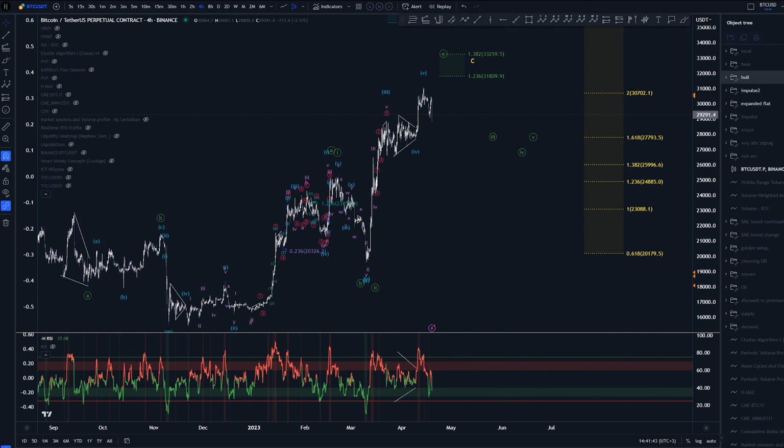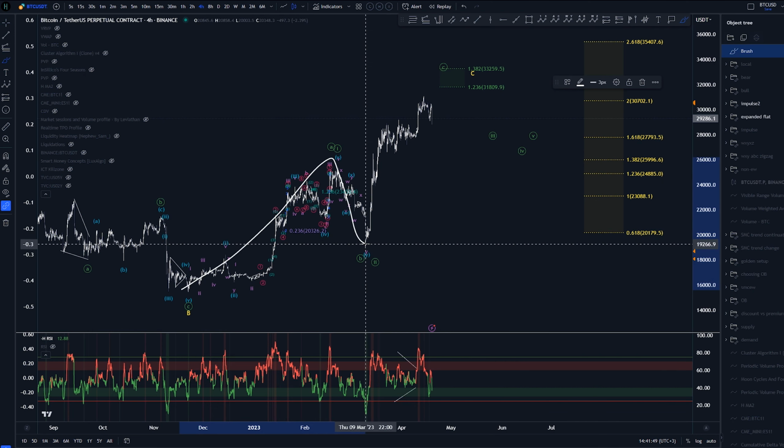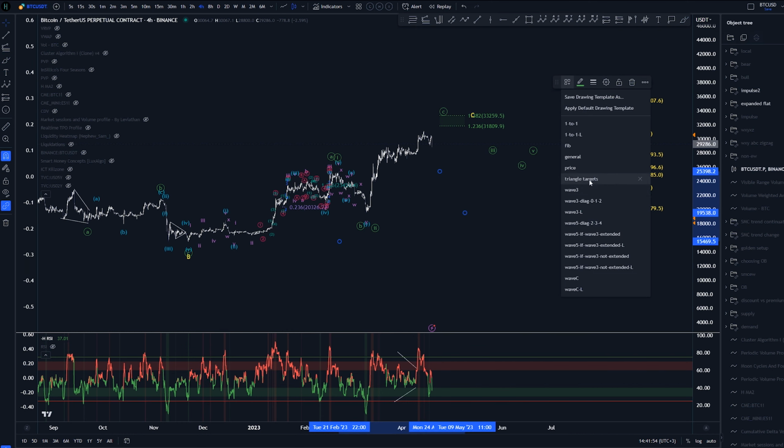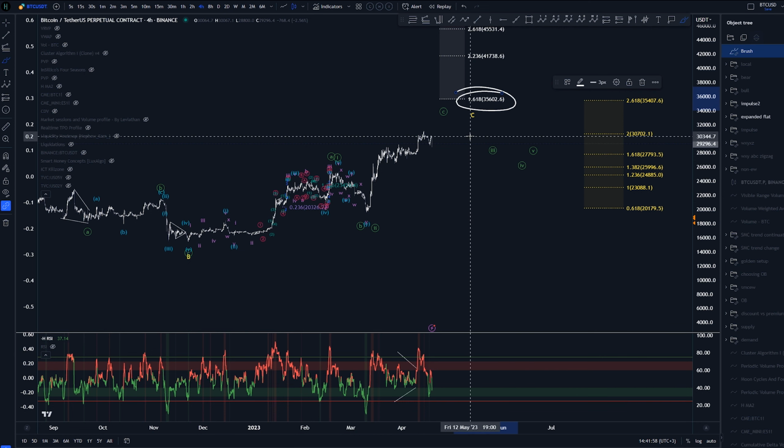Now, on the smaller time frames, if we were looking at this as a potential wave 1, 2, we would need to be extending way higher. This would have to become wave 3, which would be around that 35k area.